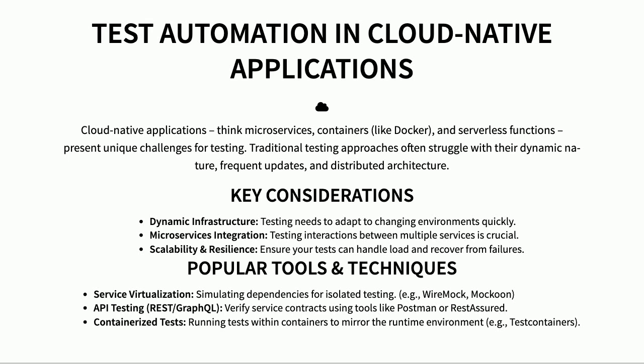Some popular tools we use include service virtualization, which lets us pretend that some of these services aren't really there while testing, API testing to check how the different pieces communicate, and running our tests inside containers so they match the real environment as closely as possible.